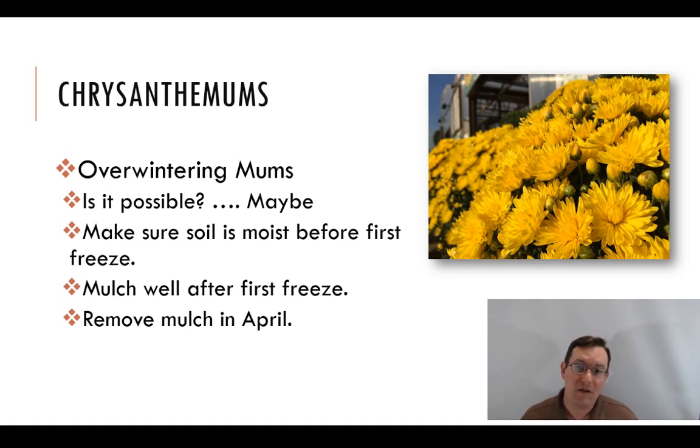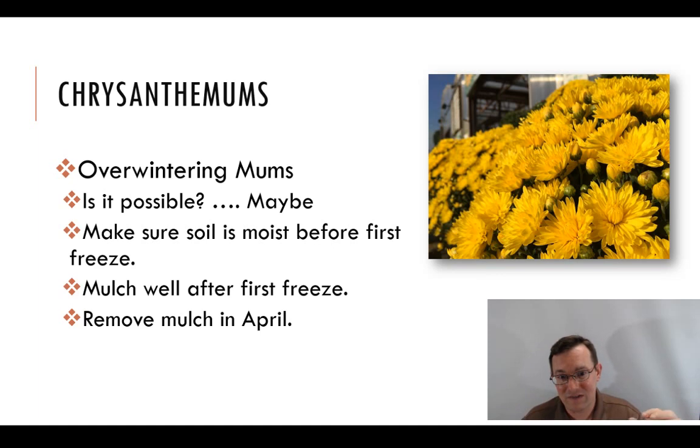Also, after you get that first freeze, the mum is going to die back on top of it. The big ball of flowers, like what you see above me right here, those are going to die back. So you want to mulch it really well after that first freeze. And something that I do to help protect it is I'll leave that dead plant material on top, and then I'll just pile some straw over top of it.